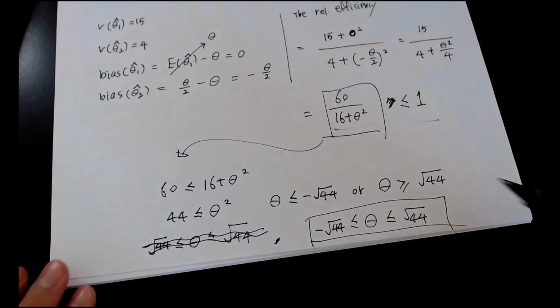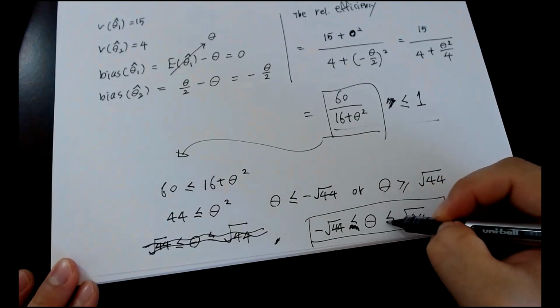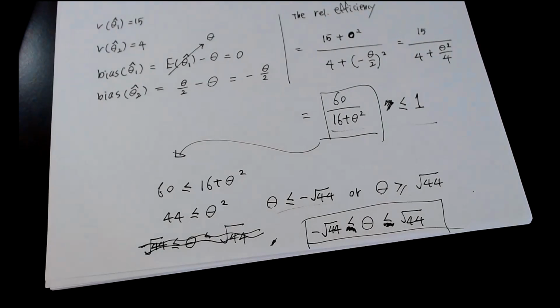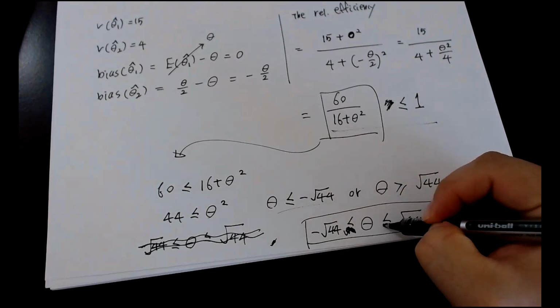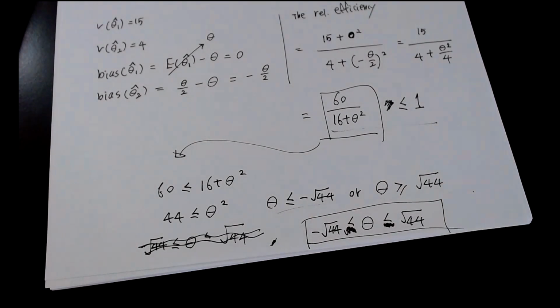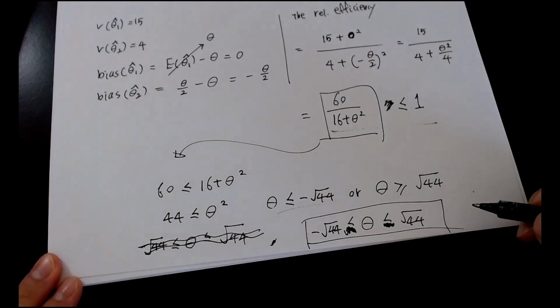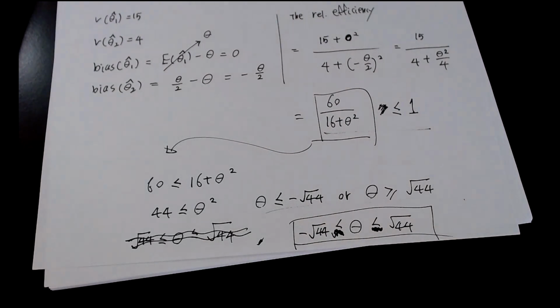Well, for the opposite there is no equal sign, right? So the equal sign should not be included. So if theta is between negative square root of 44 and square root of 44, then theta 2 hat is more efficient.